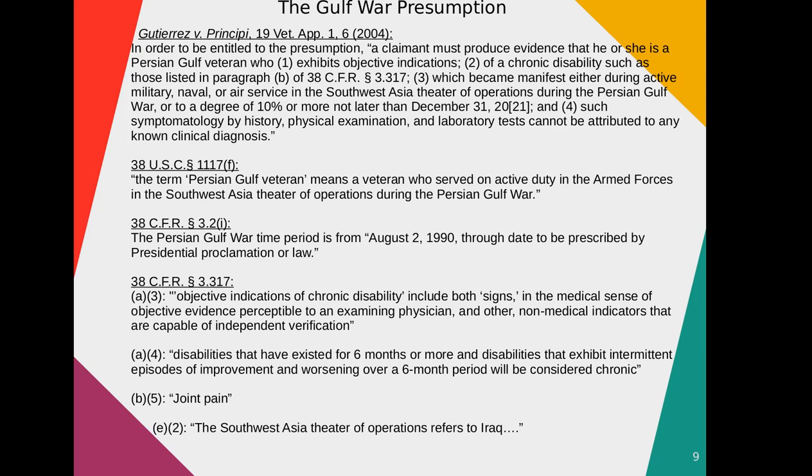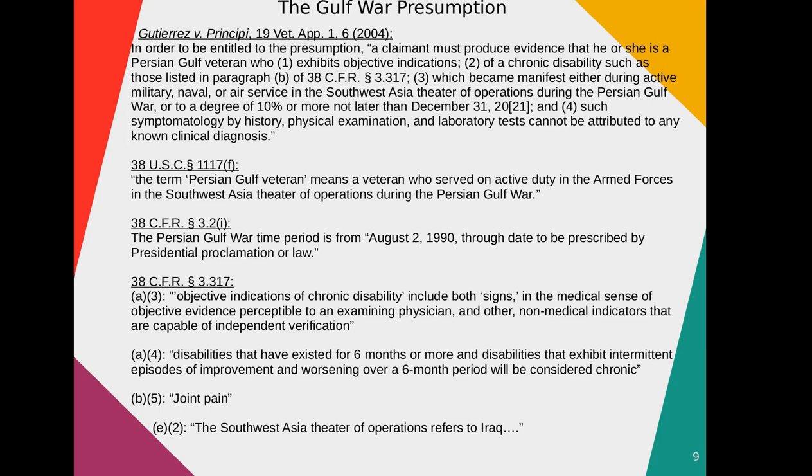And then we have several different paragraphs from the Regulation 38 CFR 3.317. A3 says, objective indications of chronic disability include both signs, in the medical sense of objective evidence perceptible to an examining physician, and other non-medical indicators that are capable of independent verification.